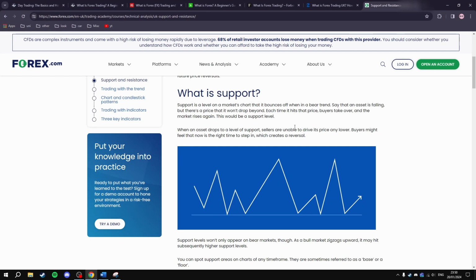When an asset drops to a level of support, sellers are unable to drive its price any lower. Buyers might feel that now is the right time to step in, which creates a reversal.